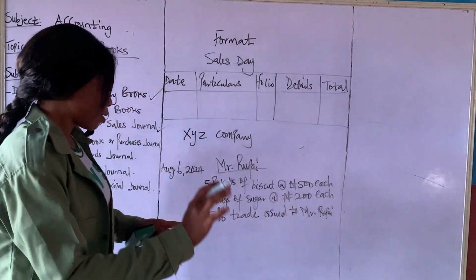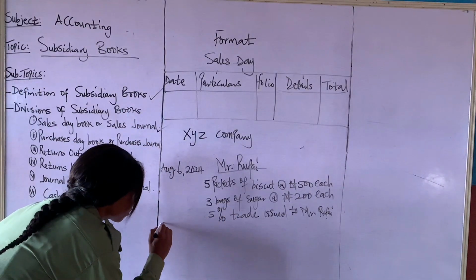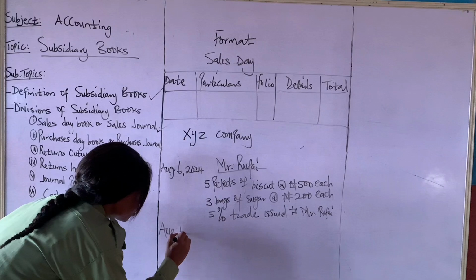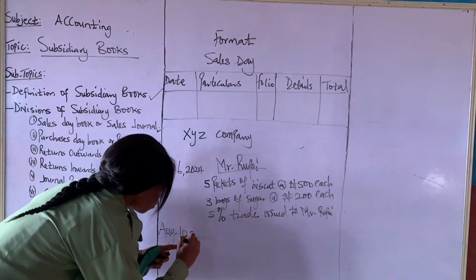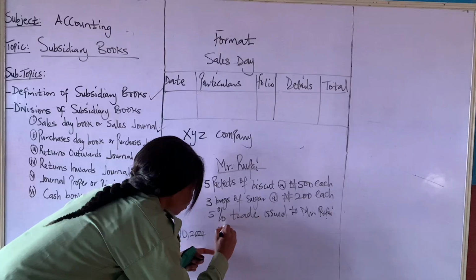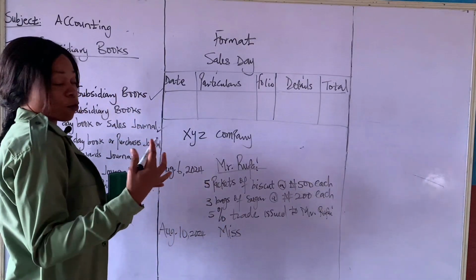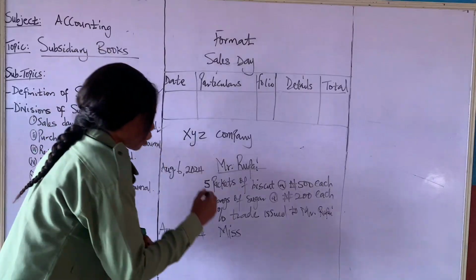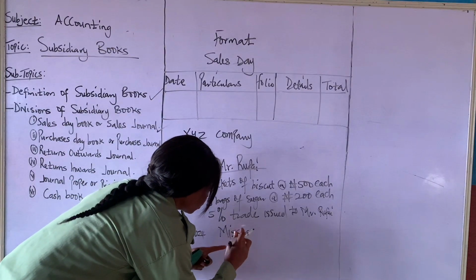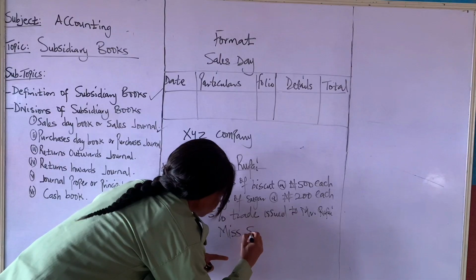Okay, let's assume another transaction happens in the organization. Let's say August 10, 2024. Another customer visited XYZ to purchase on credit, and you have the name Miss Siphon.